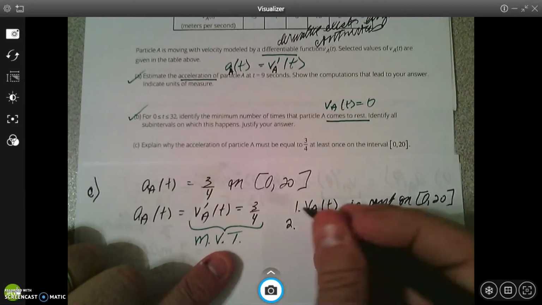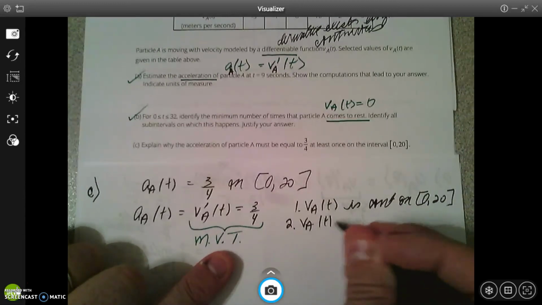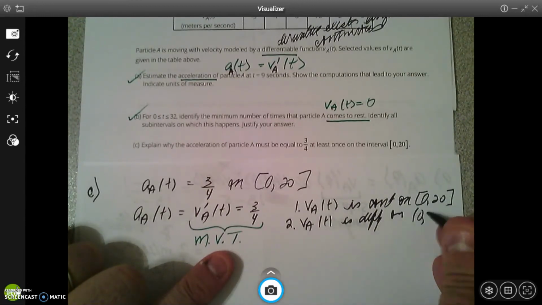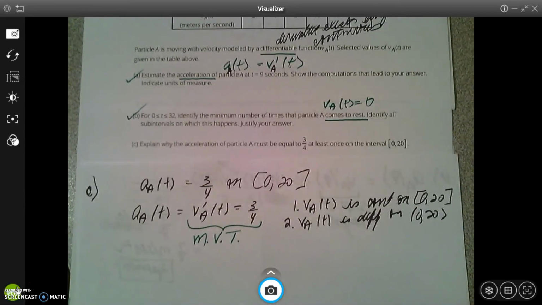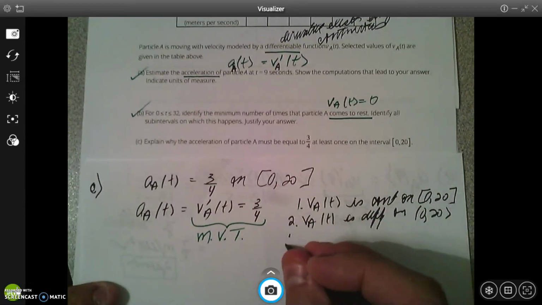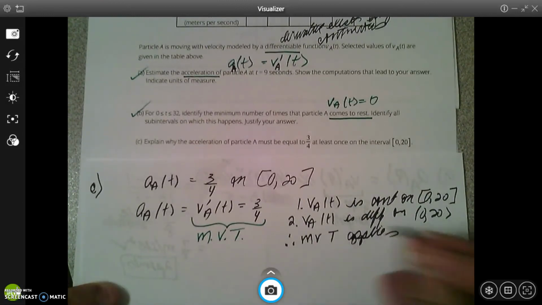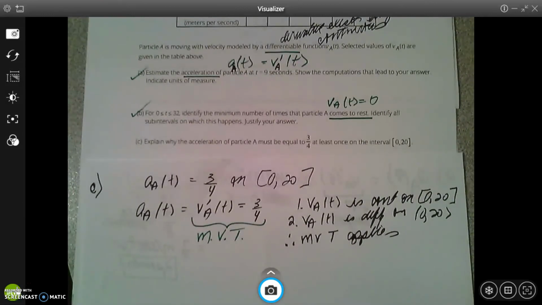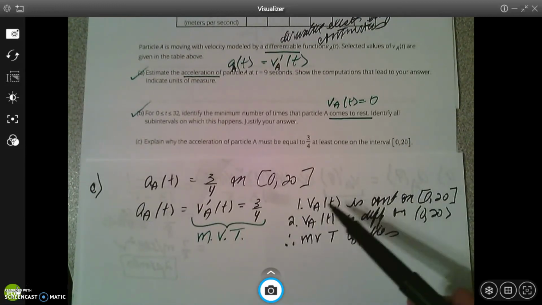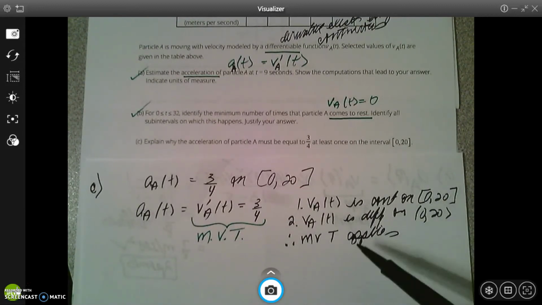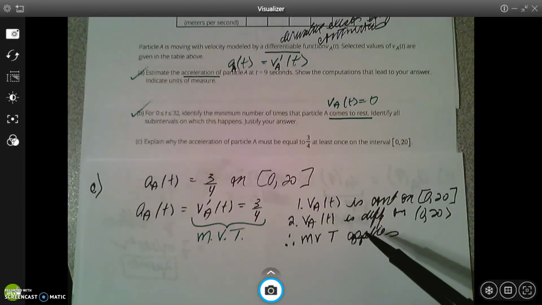The second thing is that your velocity function is differentiable, this time on the open interval 0, 20. Therefore, the MVT applies. I need both of those pieces of information to be true. The velocity function is continuous on the closed interval. The velocity is differentiable on the open interval. Both of those are true, so the mean value theorem applies.